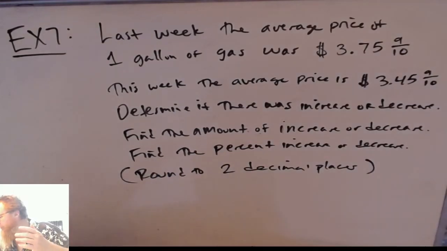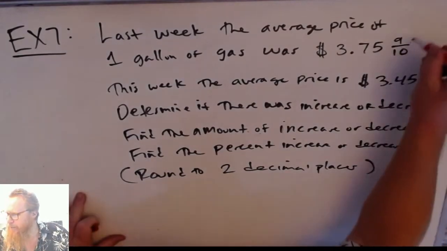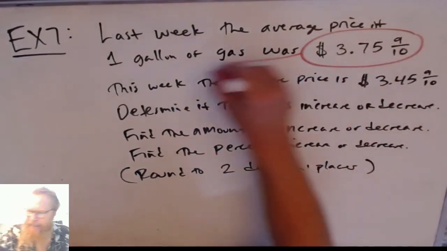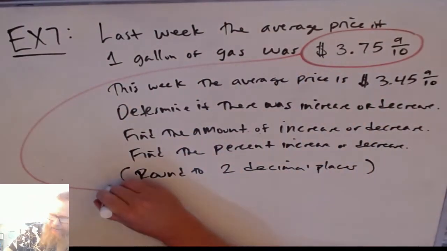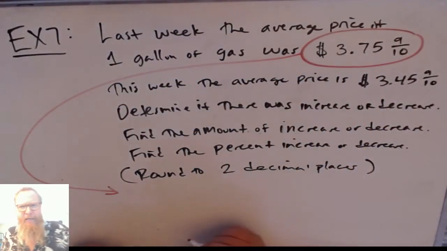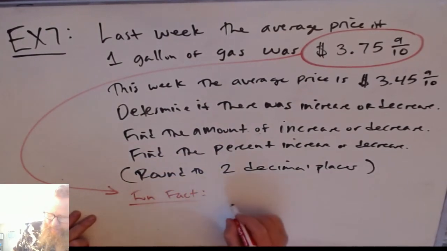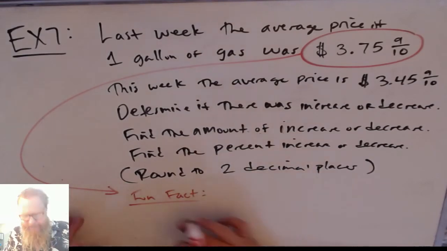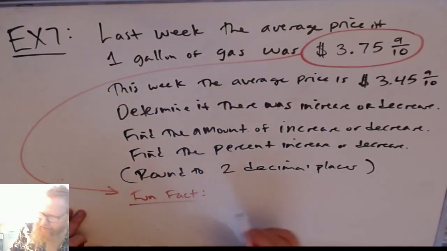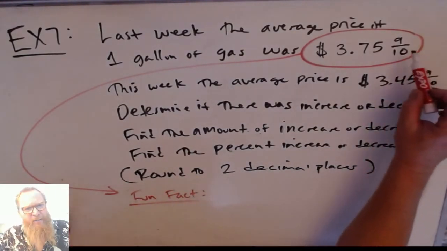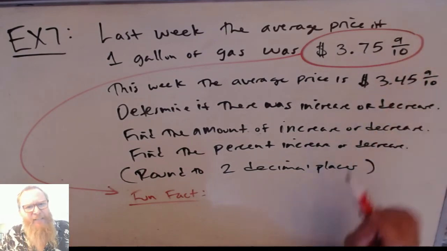A little fun fact about gas prices. Gas is one of the only products in the United States that can sell their product, in particular gas, for less than a penny.